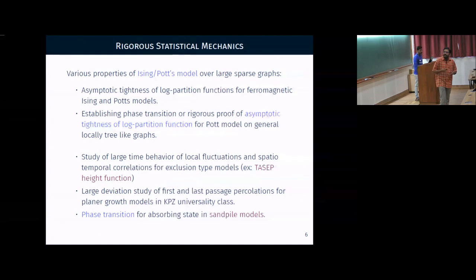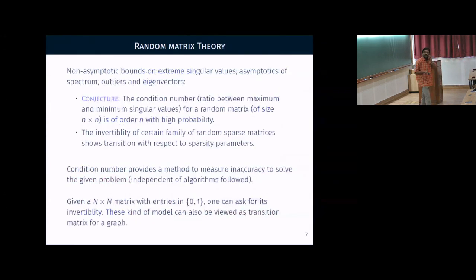Here, people try to study the fluctuations both in time and space, and at least for this scenario, this problem is highly related to the KPZ equations. There are other kinds of problems, for example sand pile models, where people try to talk about phase transitions and such things. The other class of problems that people deal with here are mostly in random matrix theory.